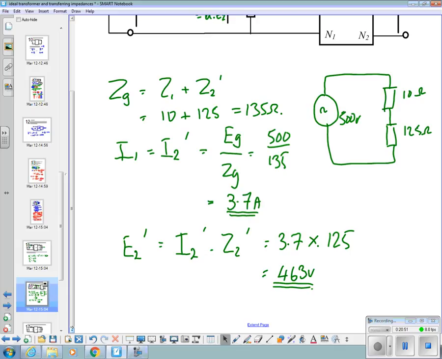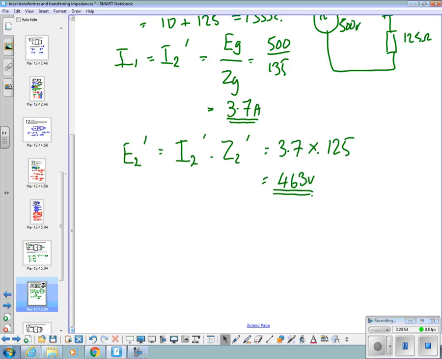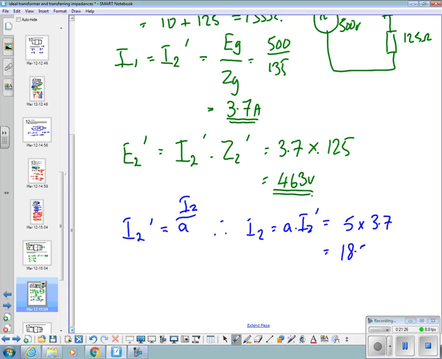We can actually reflect back to the other side because we know that I2 dash is equal to I2 over A, therefore I2 is A times I2 dash, which is 5 times 3.7, and I make that 18.5 amps. Okay, so we calculated it on the primary side and then we transferred it back.